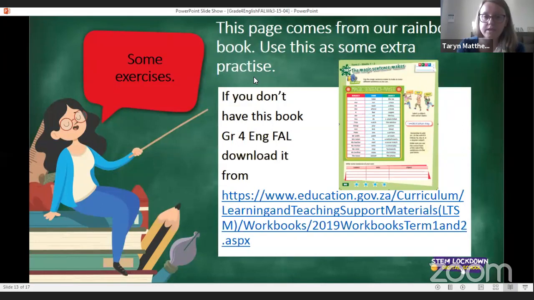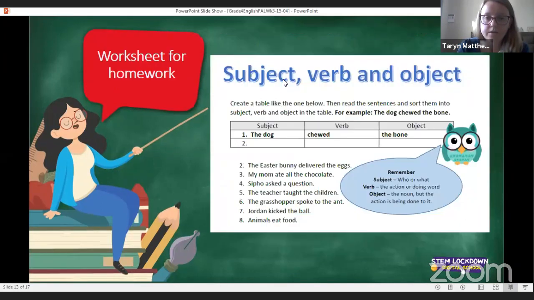Then you'll see on the Africa Teen Geek website, I'm going to put a worksheet that will look like this.